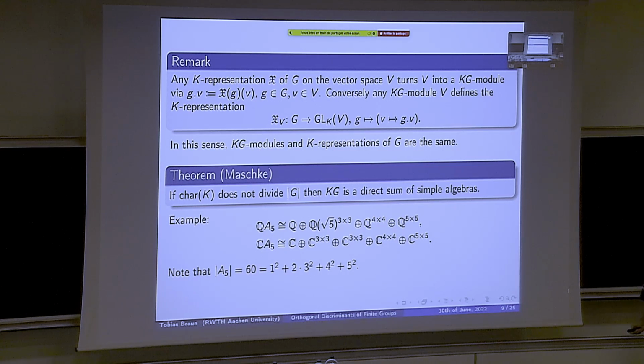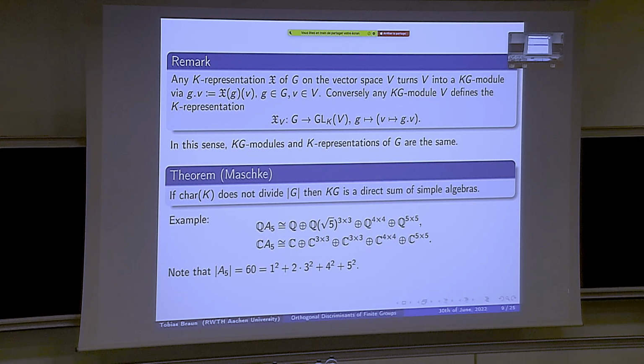So here as an example, you have the decomposition of group algebras into its simple components, into its simple algebras. And as you might know, a simple algebra is always isomorphic to a matrix ring over a division algebra over the base field K. And in this case, QA5 decomposes into the simple algebras Q, Q adjoint root 5 to the 3 by 3, and Q to the 4 times 4, and Q to the 5 times 5.